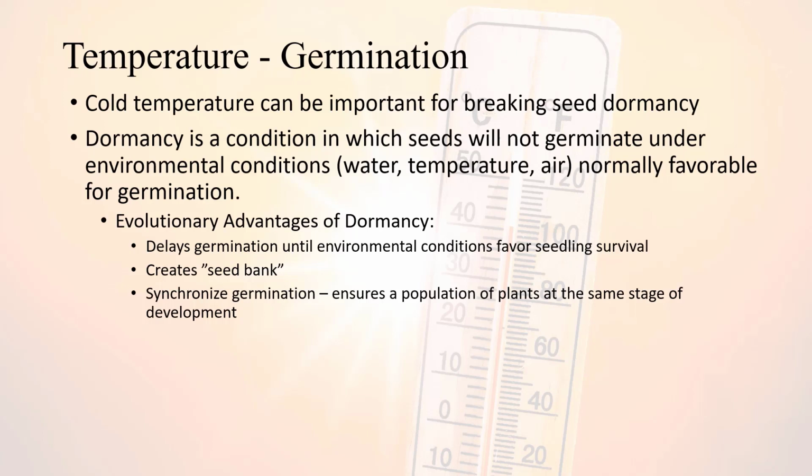That is particularly true if your seeds have endogenous dormancy. We've mentioned that endogenous dormancy is a factor in the embryo that is keeping that seed dormant. That is different from exogenous dormancy, which is a factor outside the embryo. A common one is a hard seed coat.